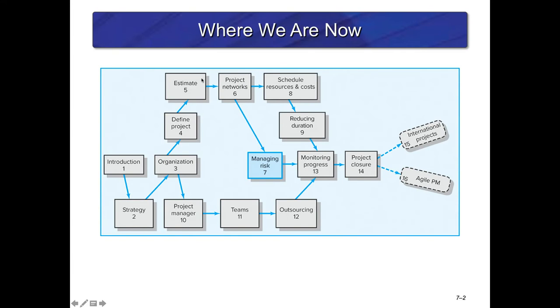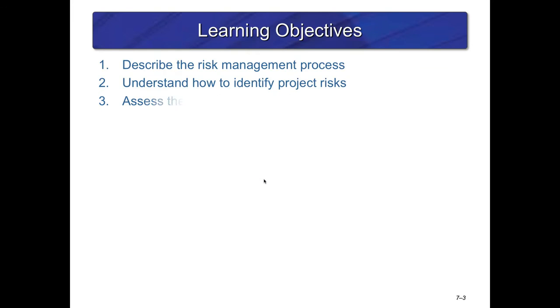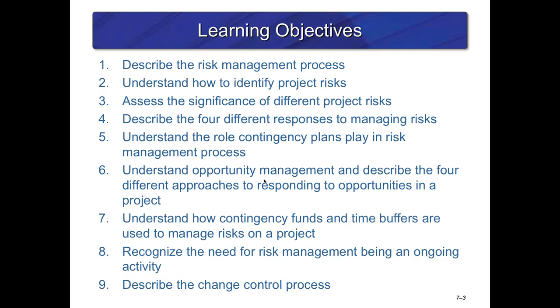So here's where we are in the process, right? Last time we talked about project networks. Now we're looking at risk management. So we come down here, we're thinking about risk management as a tool for us to pull all of this together, okay? When we're done, what we should be able to do are these learning objectives.